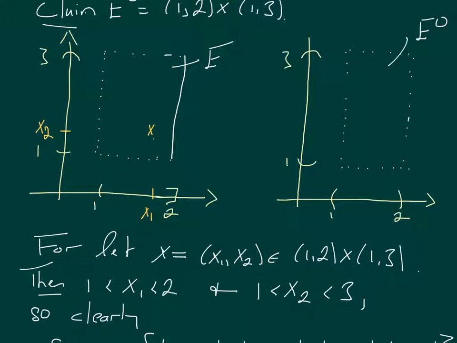And looking at this, it looks like if we took epsilon to be the shortest distance between x and this point, this point, this point, and this point, we would end up with an epsilon neighborhood about x.